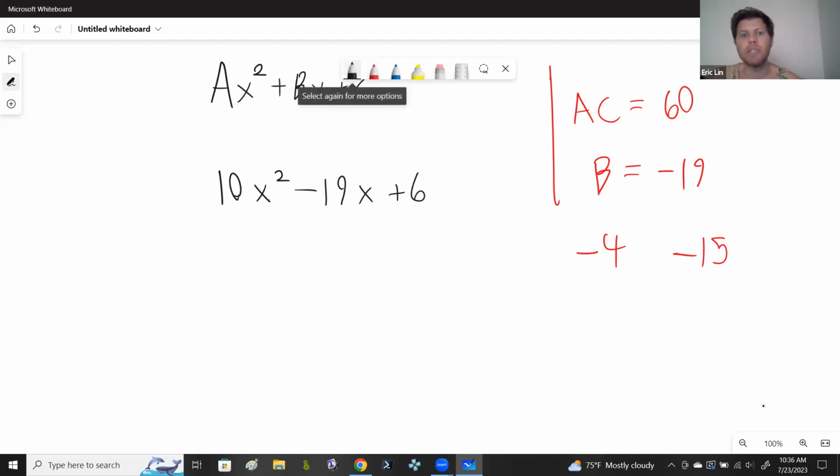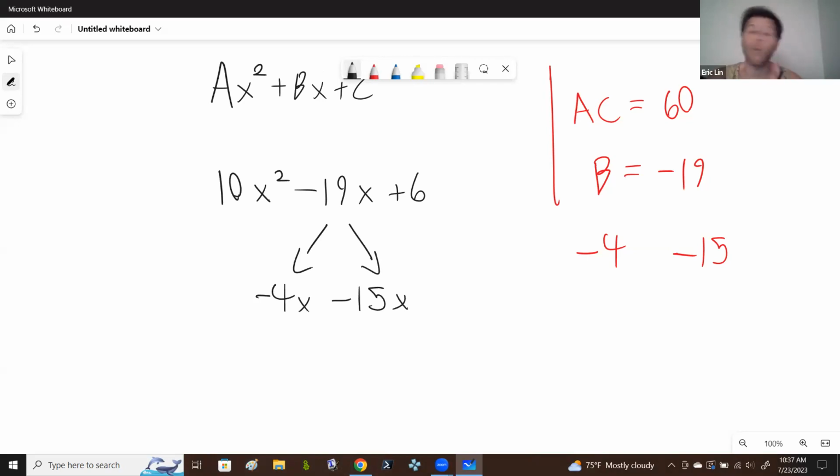So here's what I'm going to do. I am going to split my b term of my quadratic into those two things. So negative 19 is instead going to become negative 4x minus 15x. The order does not matter. If you put negative 15x first, this still works. You're fine.